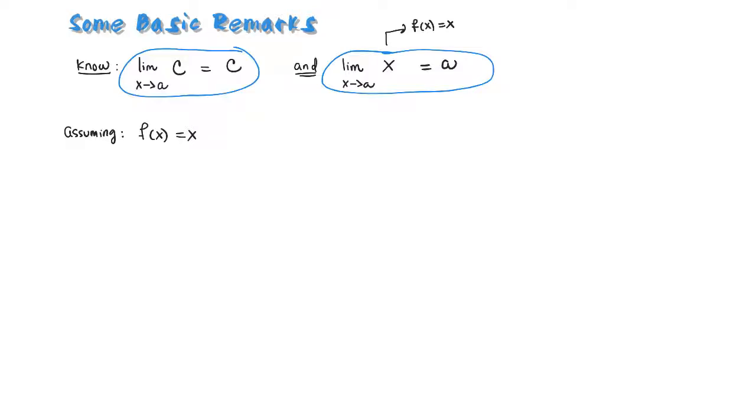And let's say that I have a question that is asking me to find the limit as x approaches a of x to the n. Here n is a natural number, the counting numbers 1, 2, 3, 4, 5. How do I find this limit?